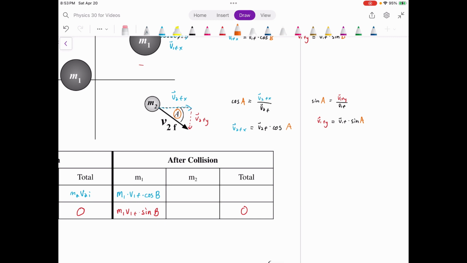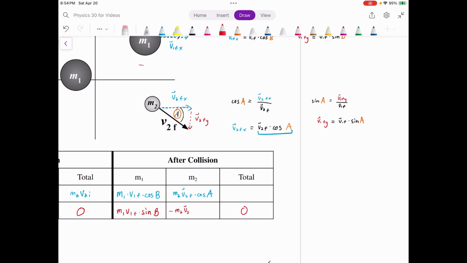So what is mass 2's final x momentum? Well, it's mass 2 times the x component of its final velocity, which we can see is its final velocity times the cosine of that angle A. And for the y component, we'll have to put in a negative. Can't forget that that's negative, but then it's just the same idea.